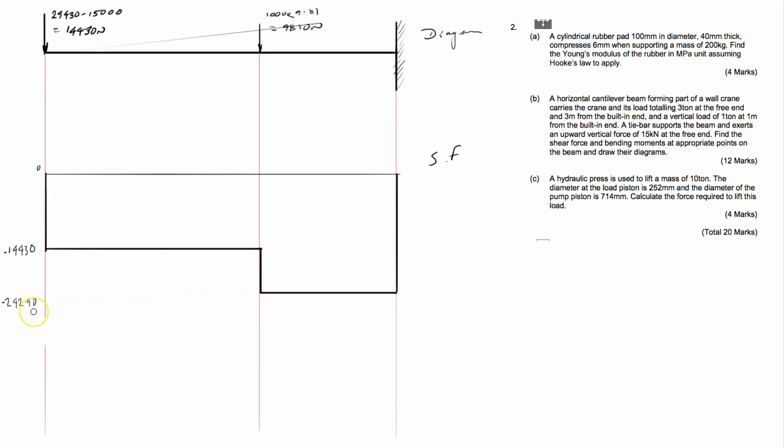Now there's various ways of calculating the bending moment diagram. I tend to do it in a slightly different manner than most. Bending moment, if we actually think what a moment is, a bit like torque really.